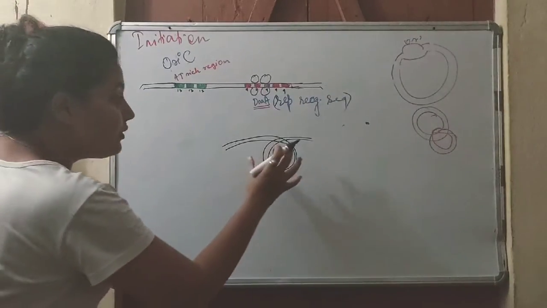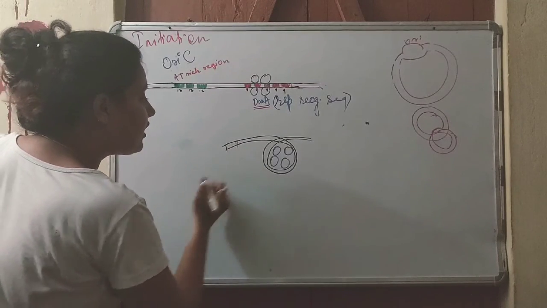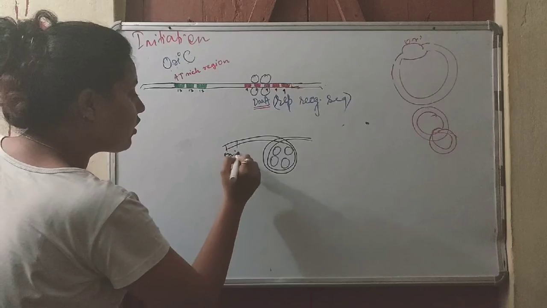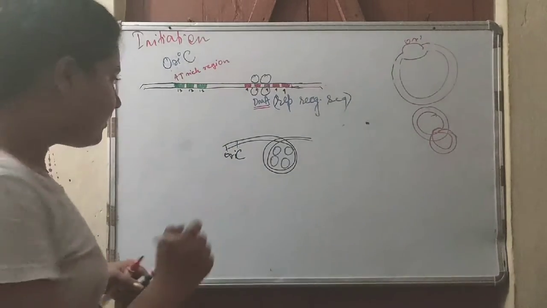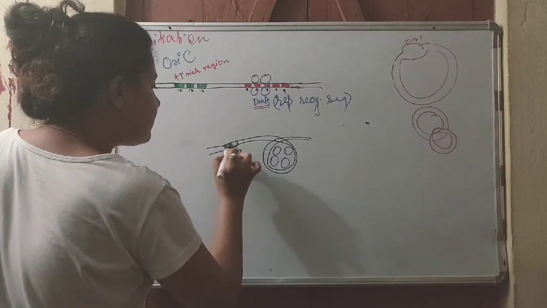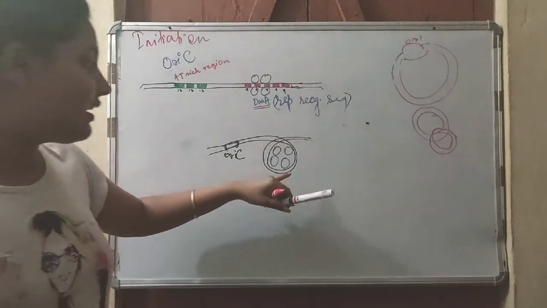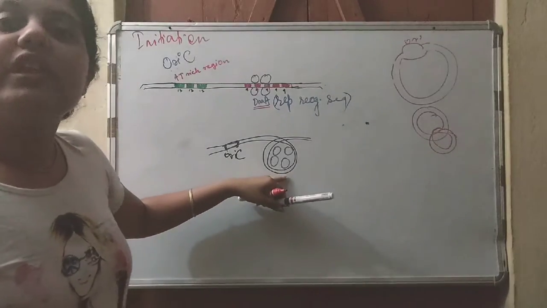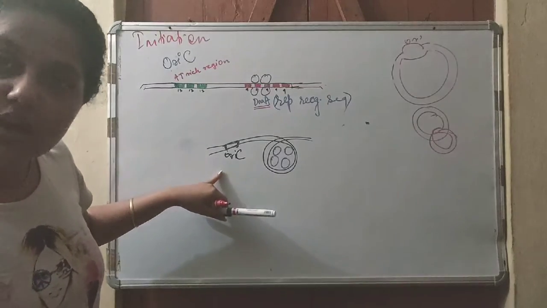Due to the pressure, the bonds here in the 13 base pair origin, this is OREC, will be melted. The AT bonds in the OREC region will be melted because of the pressure created here due to the negative supercoiling. The OREC will be broken now.